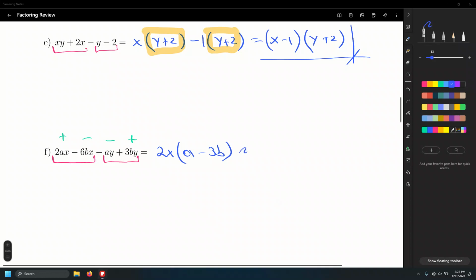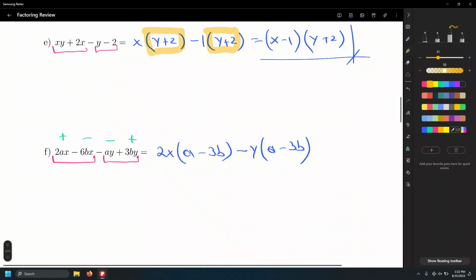So let me factor out the negative to fix that issue and get the same sign pattern. Now we're good to go and find the greatest common factor. What do these 2 terms have in common? Only the y, right? Well, also the negative, to fix the issue. That's going to leave us with another a minus 3b.